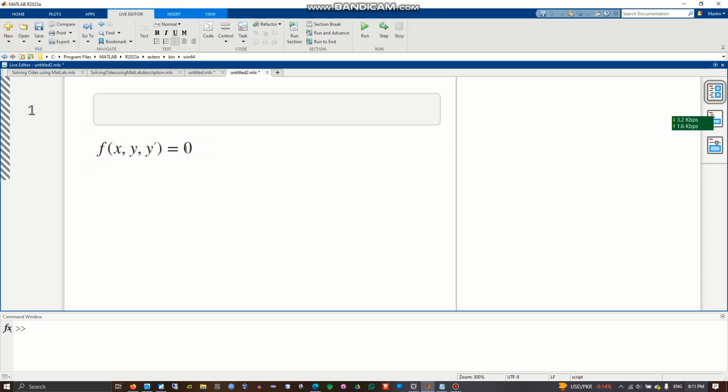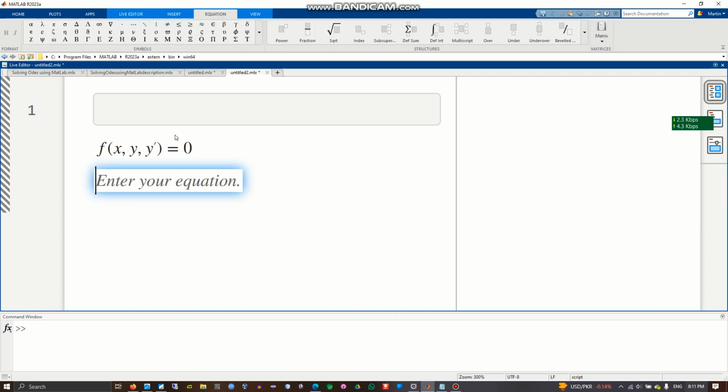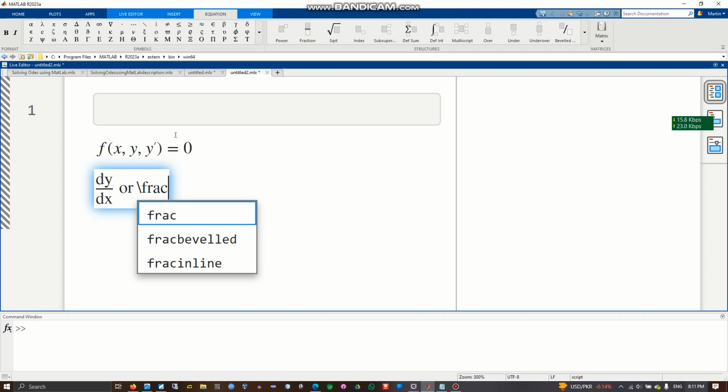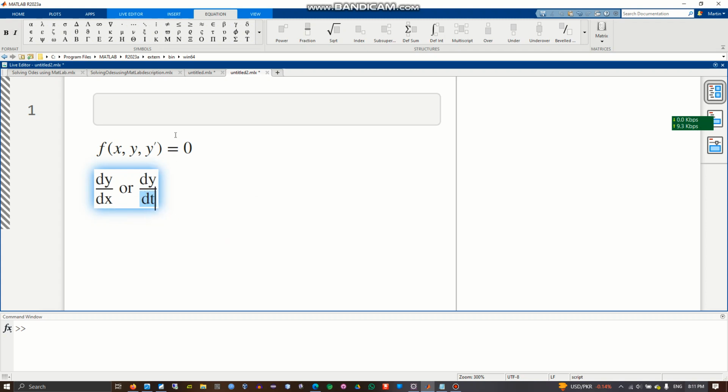Here y represents the function involving the value of x, and y prime represents the derivative of y with respect to x. This is often denoted as dy over dx or dy over dt, depending on the context.